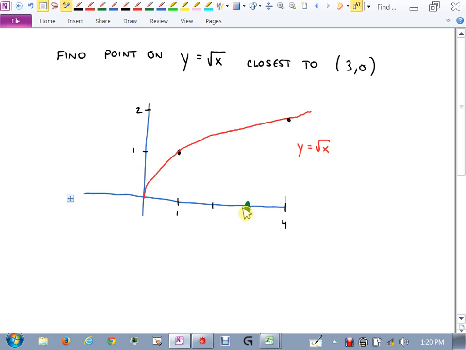So it's not as easy as it may seem, because if I just go straight up, that distance is more than the distance from like here to here. Do y'all see that? And so the question is, what is that shortest distance? What point on the curve would get us closest to that point?